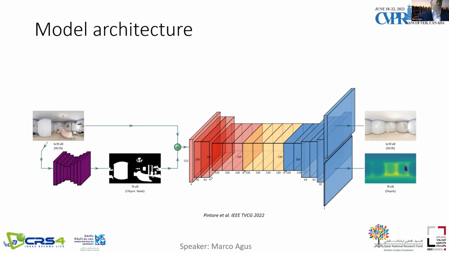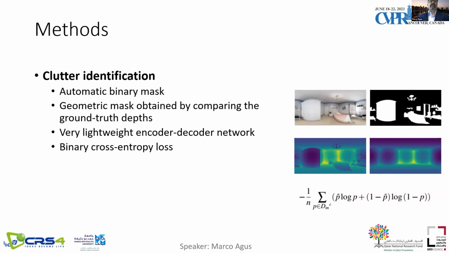One branch is for extracting the RGB signal of the empty room, and the other branch is for extracting the depth signal. The output of this lightweight encoder-decoder network is a binary mask representing the position and the whole clutter in the scene.